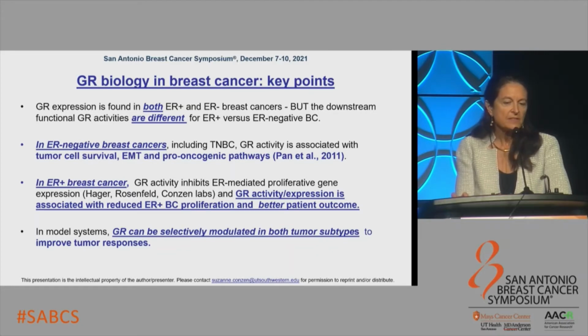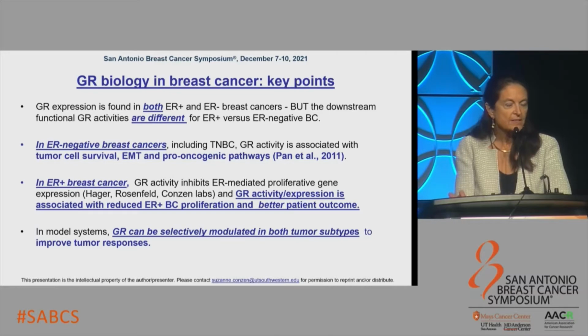What I mean by this is that in estrogen receptor negative breast cancers, including triple negative breast cancer, glucocorticoid receptor activity is associated with gene expression profiles that enhance tumor cell survival, EMT, and pro-oncogenic pathways.